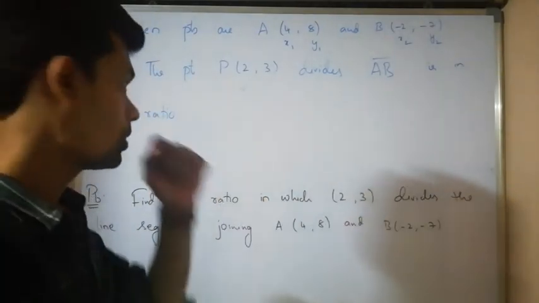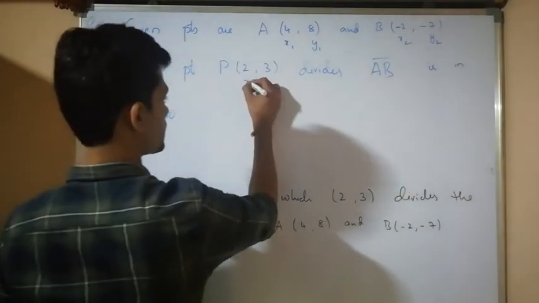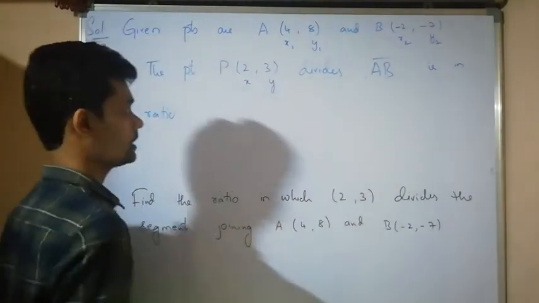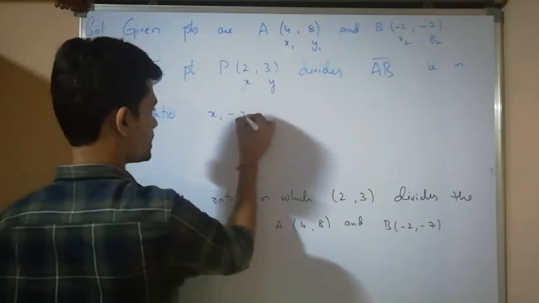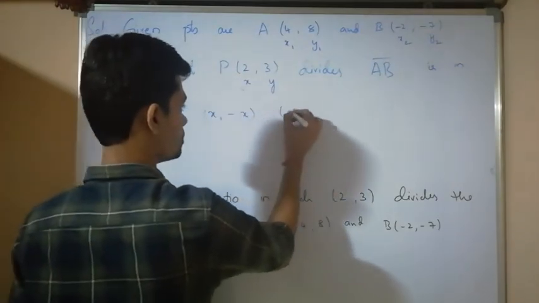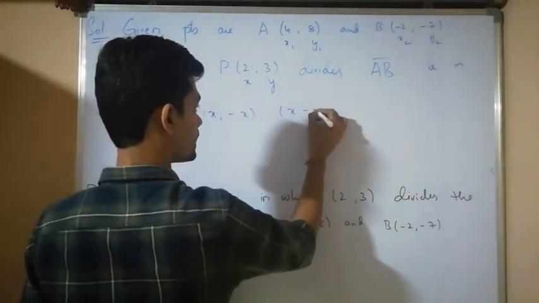What is the ratio formula? This is x and this is y. Then (x1 - x) is to (x - x2).